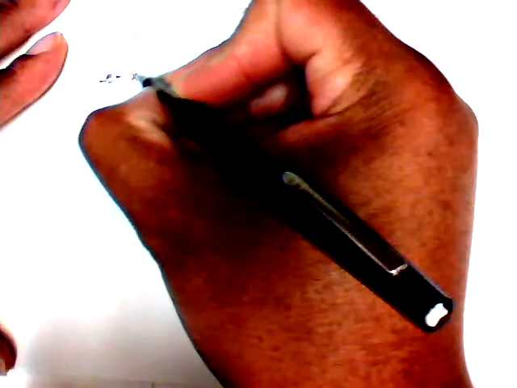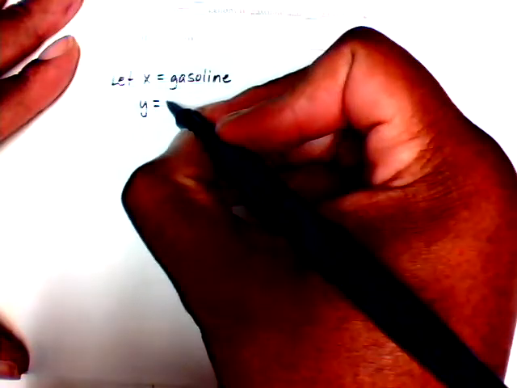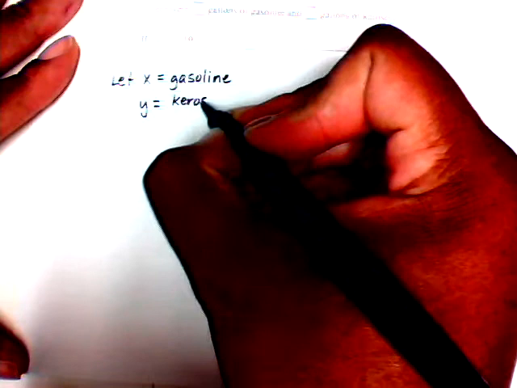Okay, so now we want to find out how many gallons of gasoline and how many gallons of kerosene. To set up this system of linear equations, we're going to let x equal the number of gallons of gasoline, and y equal the number of gallons of kerosene.